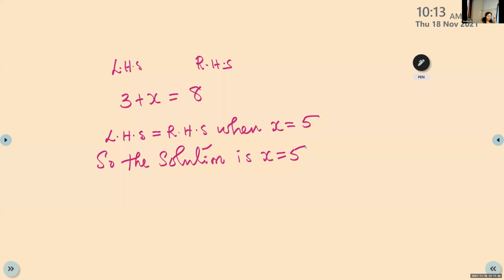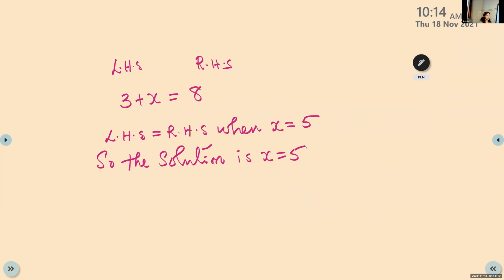We can substitute different values, all possible solutions, whatever we think is correct, put it in the place of x. We can put any value for x and just check whether the left-hand side is equal to the right-hand side.